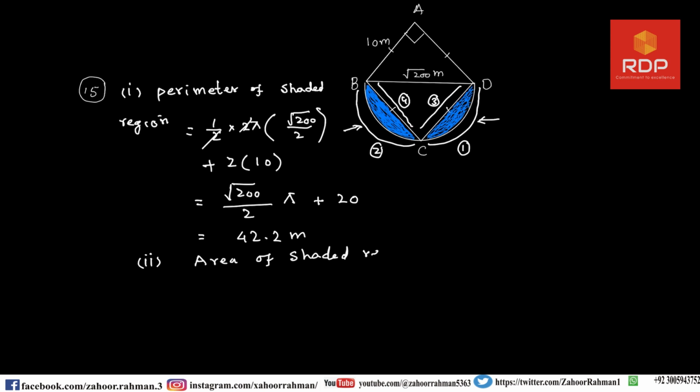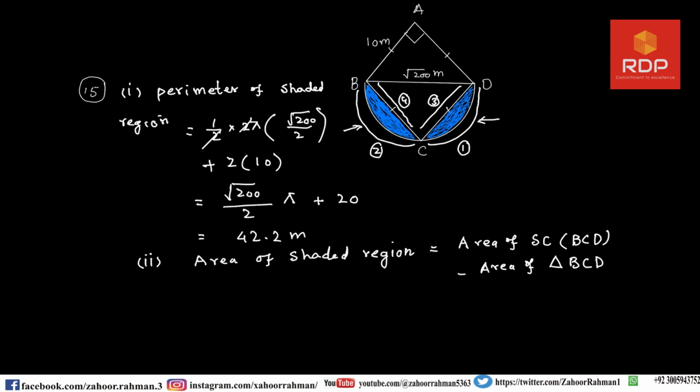So again we have to say that this will be equal to area of semicircle BCD minus area of triangle BCD.